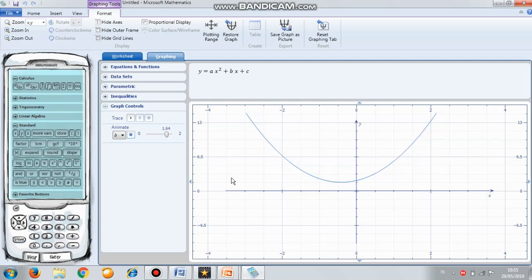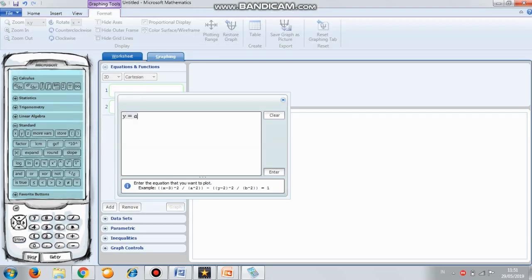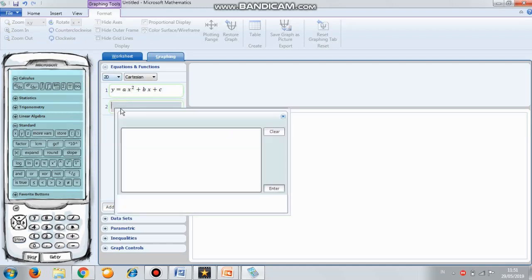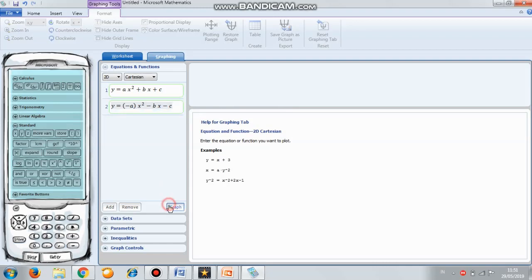And next is form transformation. Y equal to ax squared plus bx plus c. Second quadratic equation is y equal to minus ax squared minus bx minus c. Then we graph, so it will be displayed like this.